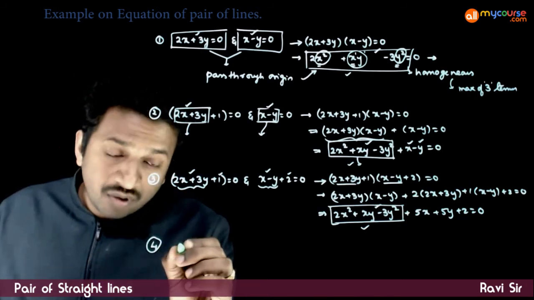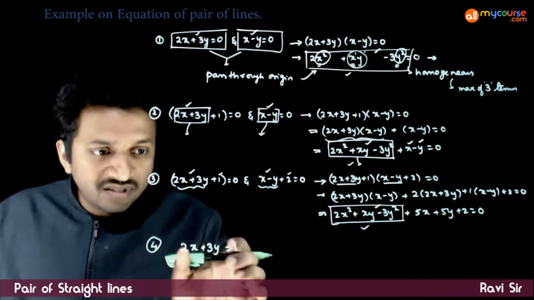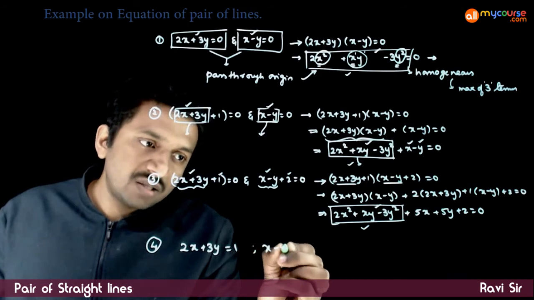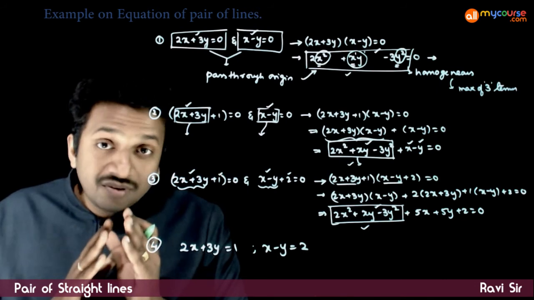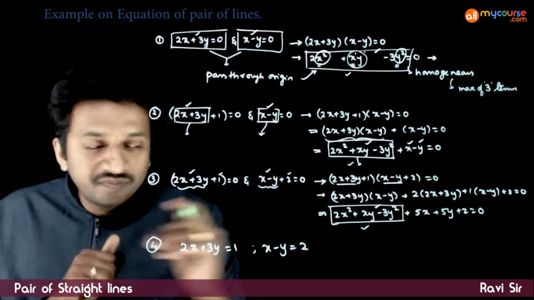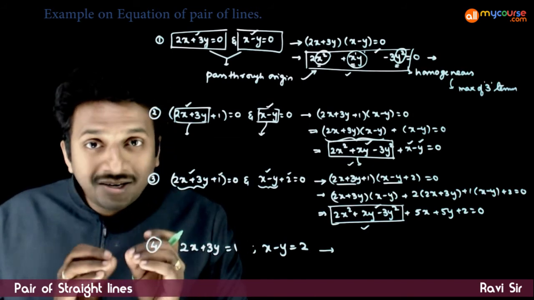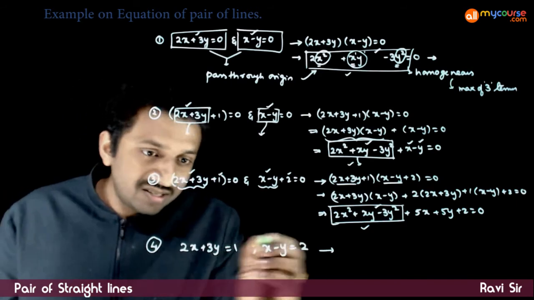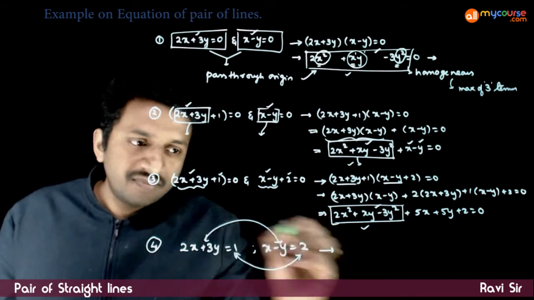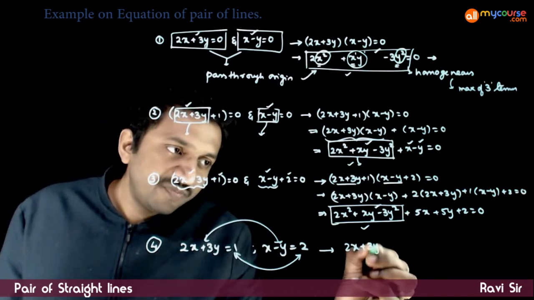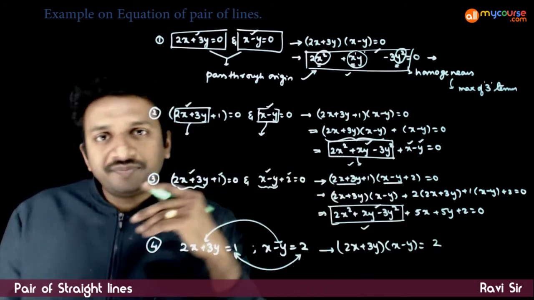If the question is given like 2x + 3y = 1 as the first equation, and x - y = 2 as the second equation, and you're asked to find the equation of the pair of lines, what students tend to do is multiply these two: (2x + 3y)(x - y) = 1 into 2, which is 2.